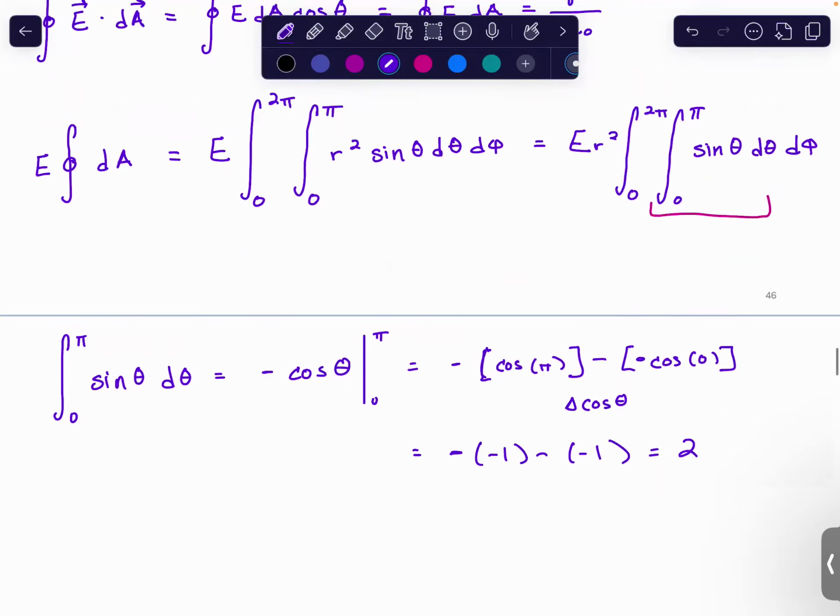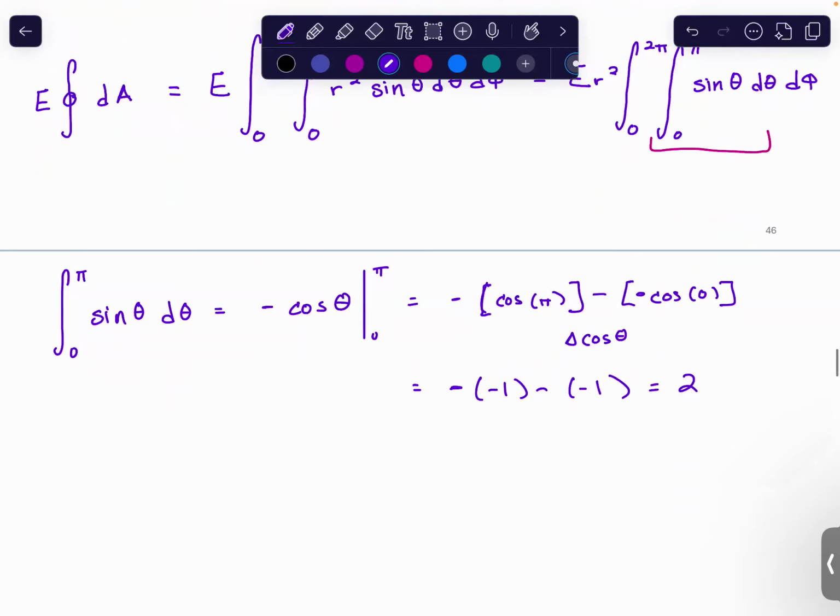So now we did the theta part, and we can pull 2 out front. And then we're left with 0 to 2 pi with the differential. Anytime you have the integral of a differential, you just get that value back.